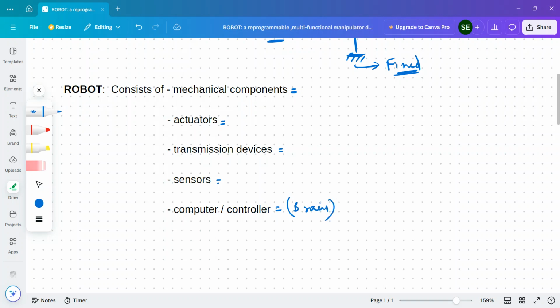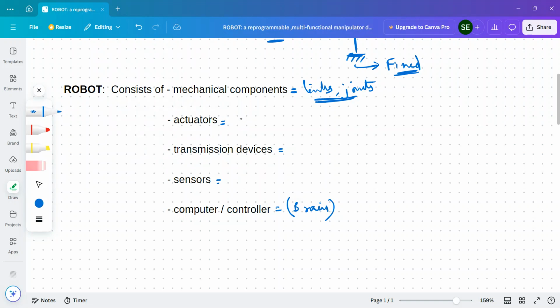Now, what are the mechanical components? Mechanical components are the links and the joints. These are the structural components of the robot. And actuators: if you are an electrical, electronic, or engineering student, you should know the meaning of actuators, something which actuates the motion.